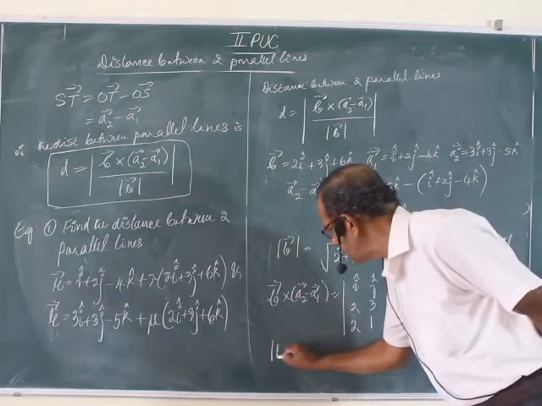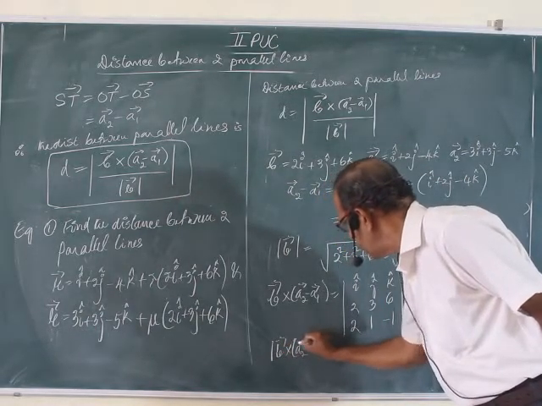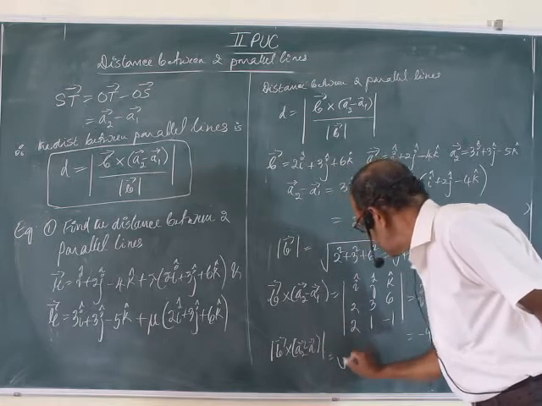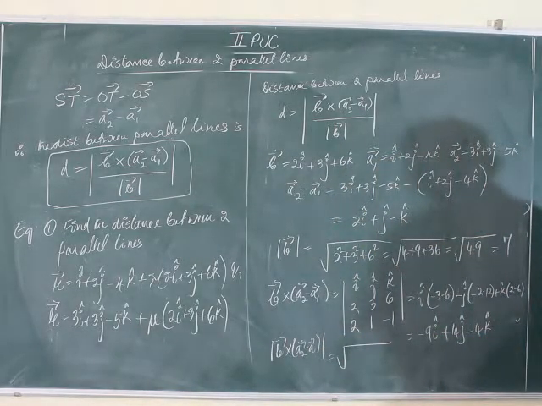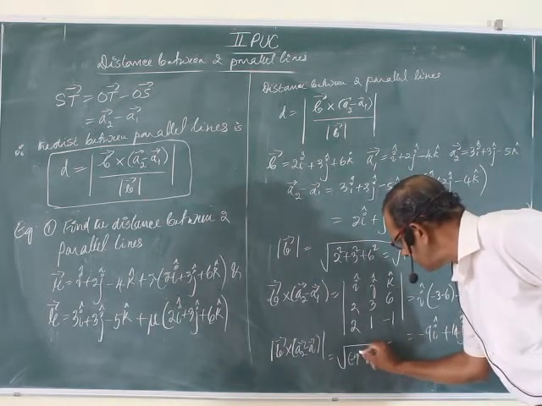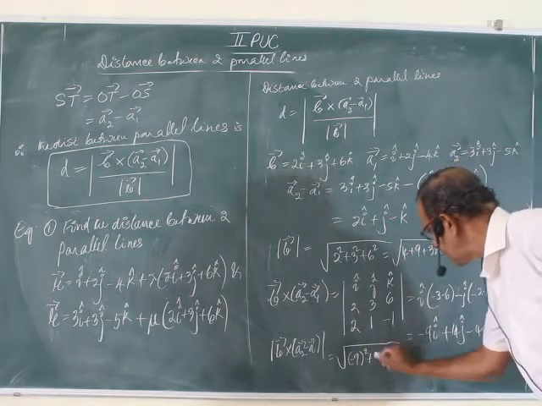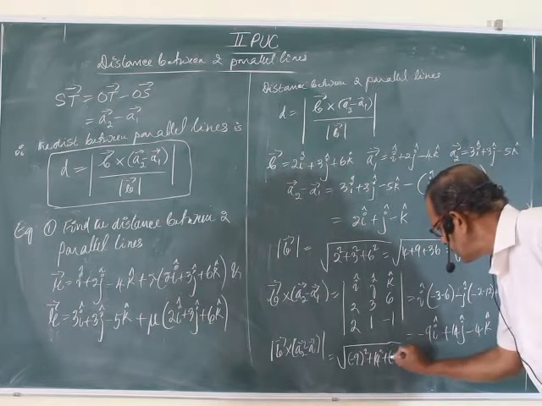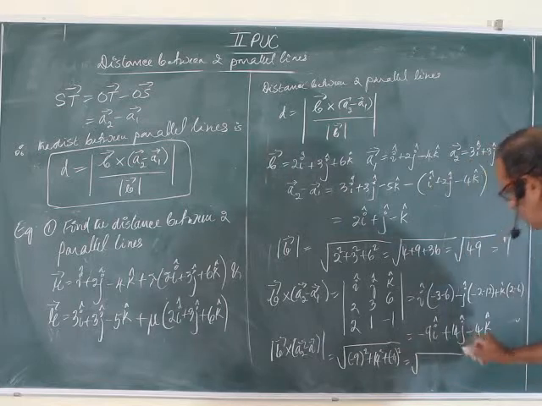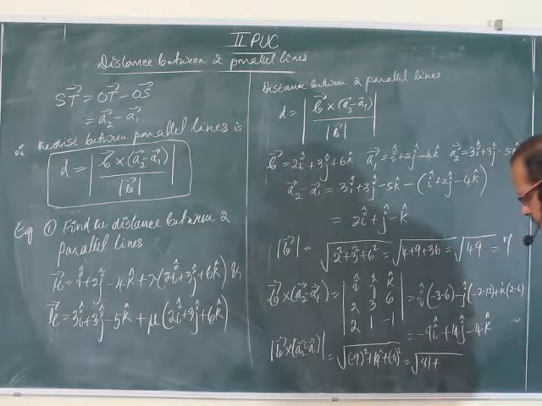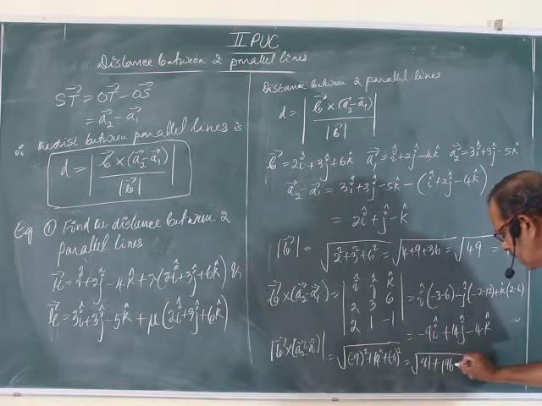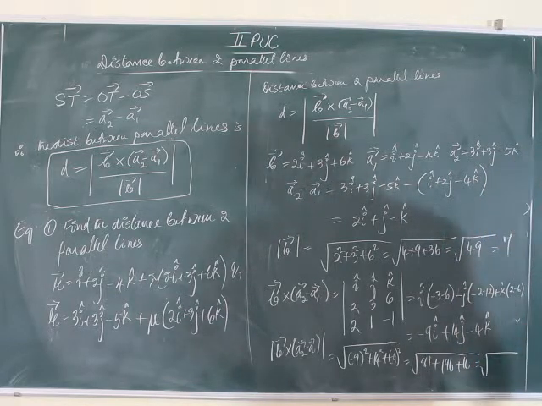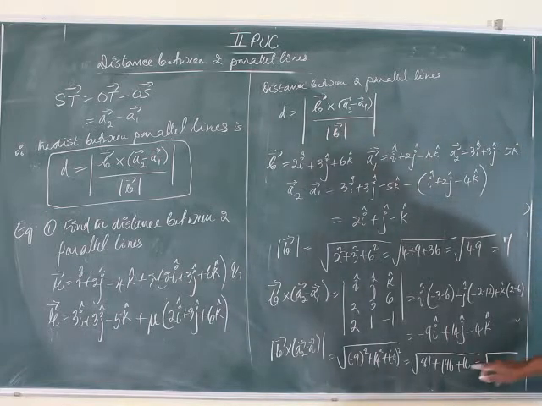Modulus of this is root of minus 9 square, 14 square, minus 4 square, equal to 81, 196, 16, root 293.